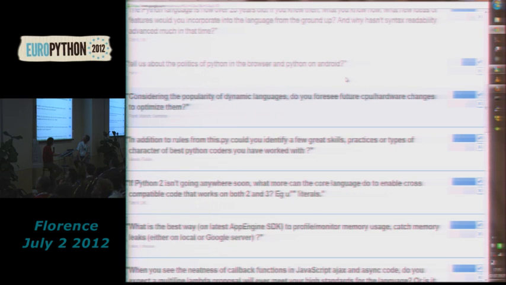So, considering the popularity of dynamic languages, do you foresee future CPU hardware changes to optimize them? Whoa. Come on, that's an easy one. Okay, no. Armin already presented the hardware transactional memory. Well, but he also said it wouldn't be viable for the next 15 years. So also for dynamic languages.